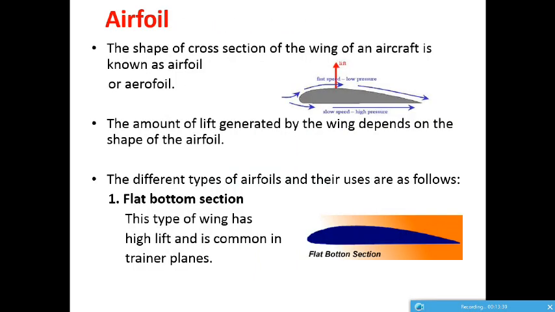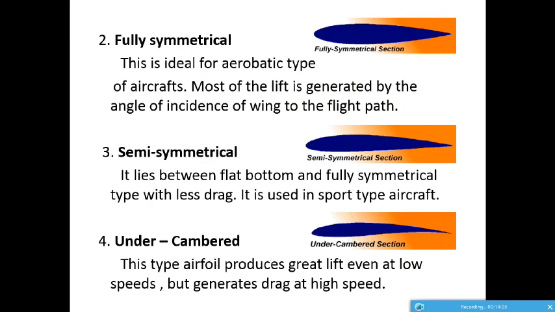These are some of the airfoil sections. The first one is a flat bottom airfoil, and it's a very basic airfoil. It is used for trainer planes like the Cessna, RC Blazer aircraft, Zenith style aircraft and such. Usually these have a very thick camber and a flat bottom. The other one is the fully symmetrical airfoil.